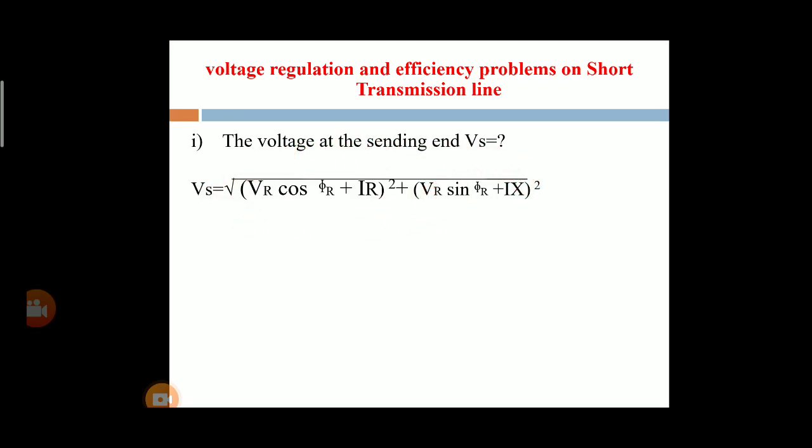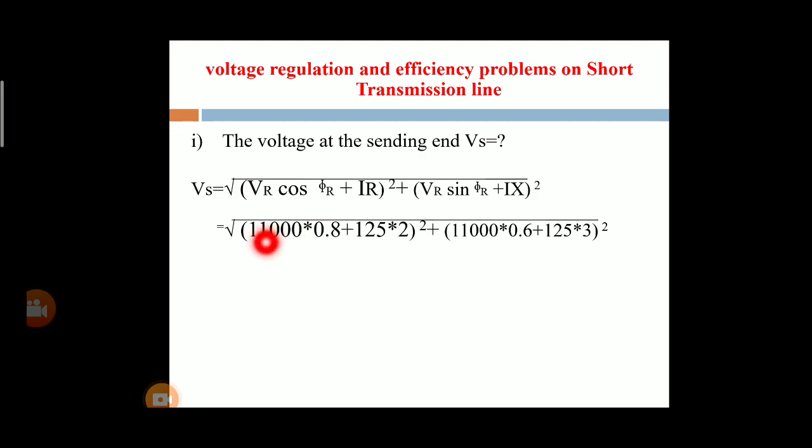Next, substitute all the terms in this equation. First is VR, which is 11 kilovolts, that will be written as 11,000.